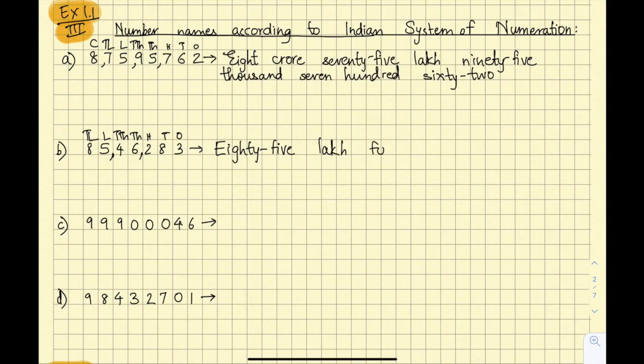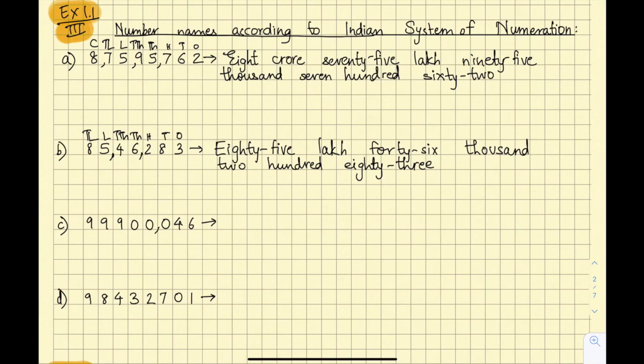So 46. So we write it as 46,000. And then in hundreds, tens, ones you have 283. So in hundreds place you have 2. So you write it as 200. In place of tens you have 8, so 8 tens is 80. In place of ones you have 3, 83.